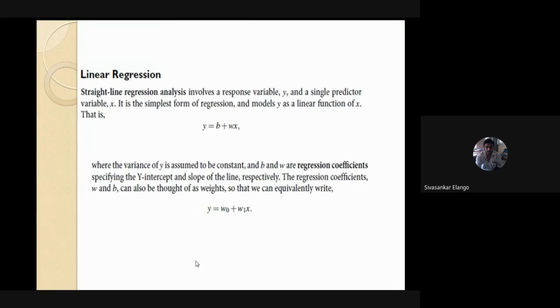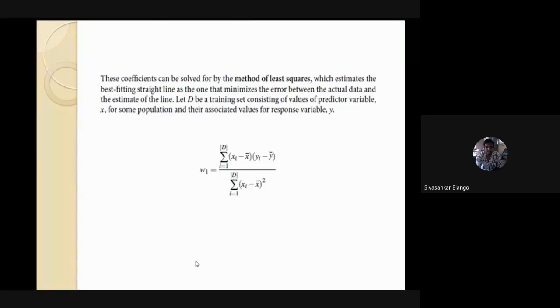We can solve it using the method of least squares, and get the value of w1: w1 is equal to the summation of xi minus x bar into yi minus y bar, divided by the summation of xi minus x bar whole square.